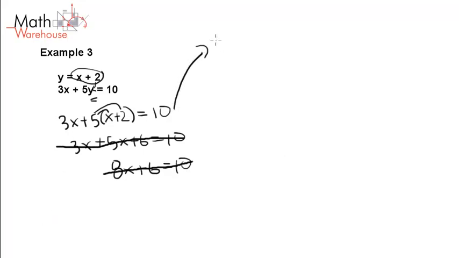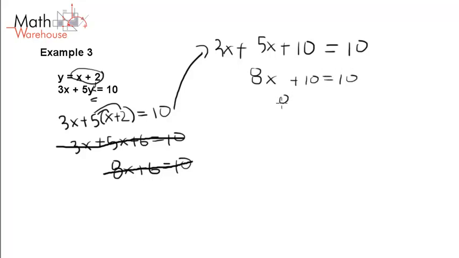What we've got is 3x plus 5 times x is 5x plus 5 times 2 is 10 equals 10. 3x plus 5x is 8x plus 10 equals 10. And subtract 10 from both sides, we've got 8x equals 0 or x equals 0.